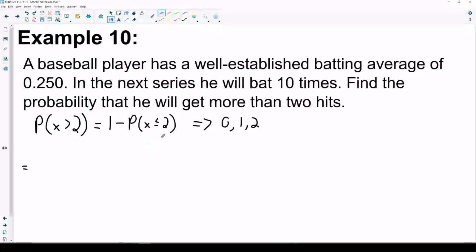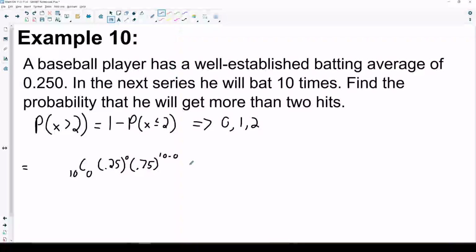This whole thing, well, if I want the probability of 0, that'll be 10 choose 0. Now our probability of getting it is 0.25, we're told, to the 0th power. If our probability of getting a hit, the success, is 0.25, that means our failure is 1 minus that, or 0.75, to the 10 minus 0.